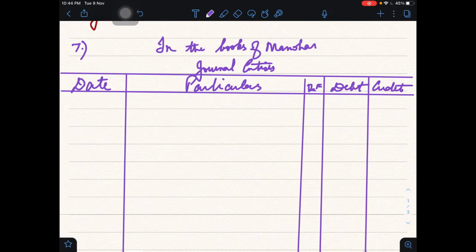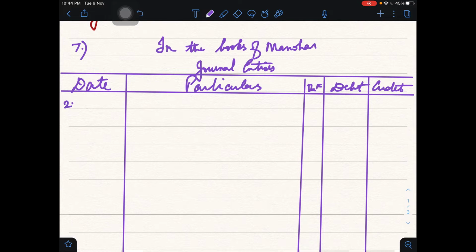Particulars, accounts to be debited and credited, followed by LF. When it is posted to the ledger as the next stage, that page number will be noted here, so this column is helpful. Right now we are not going to use it, so it is kept blank at the moment. And then you will show the amount in the debit and the credit columns. So let us start journalizing.